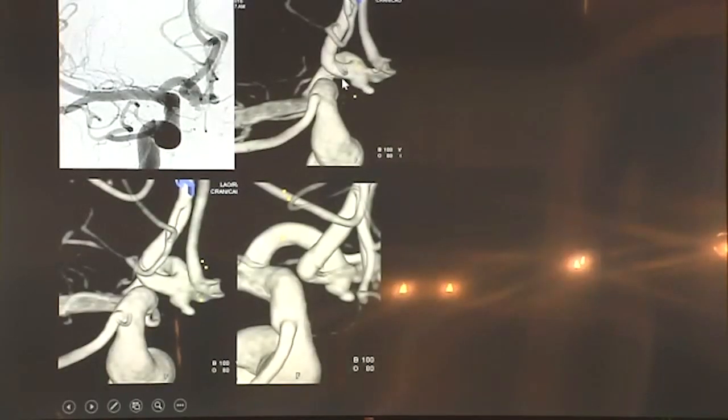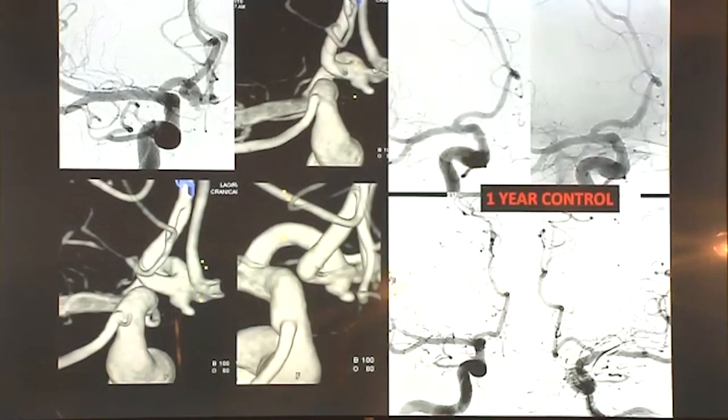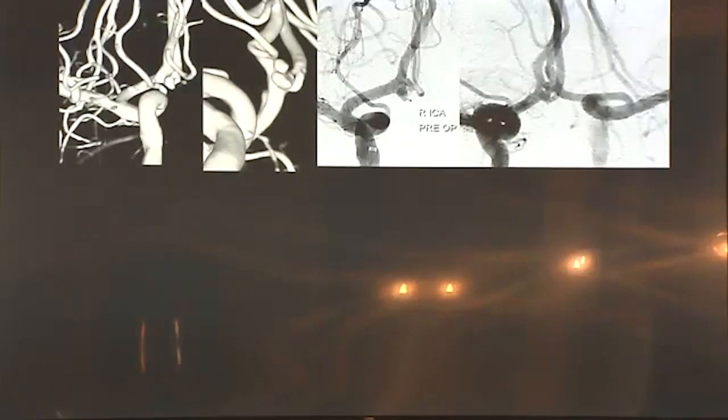Another aneurysm at the junction of A1, A2. Ipsilateral from A2 to A1 pipeline device, and 1-year control. Aneurysm is gone, and both ACAs are filling very nicely from the ipsilateral injection.